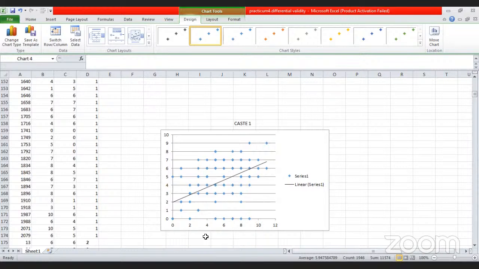Okay. So you can see in the case of caste 3, the plots are very much concentrated on the best fit line rather than caste 1, caste 2, and caste 4.